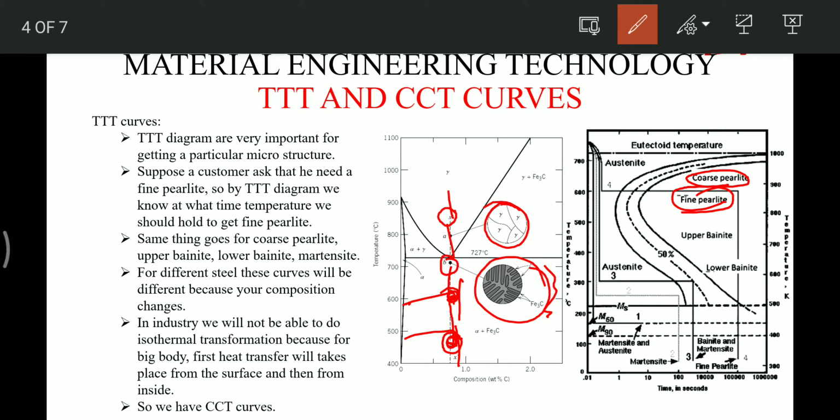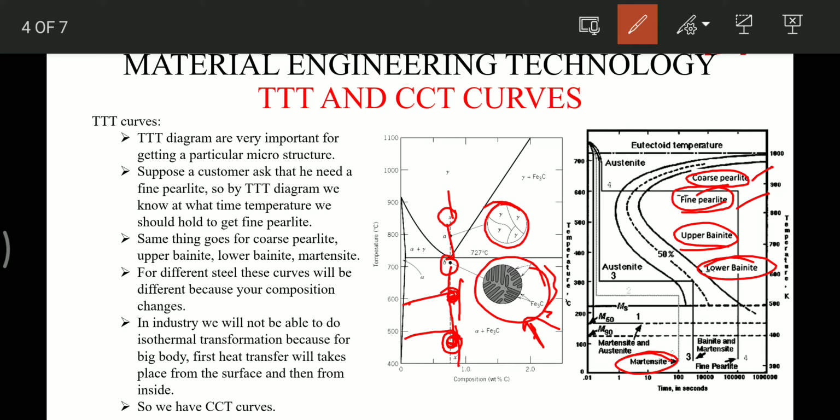So depending upon the isothermal temperature at which we allow the transformation to take place, there will be different forms in the microstructure. In this TTT diagram, basically we can have coarse pearlite structure, fine pearlite structure, then upper bainite, lower bainite, and martensite.